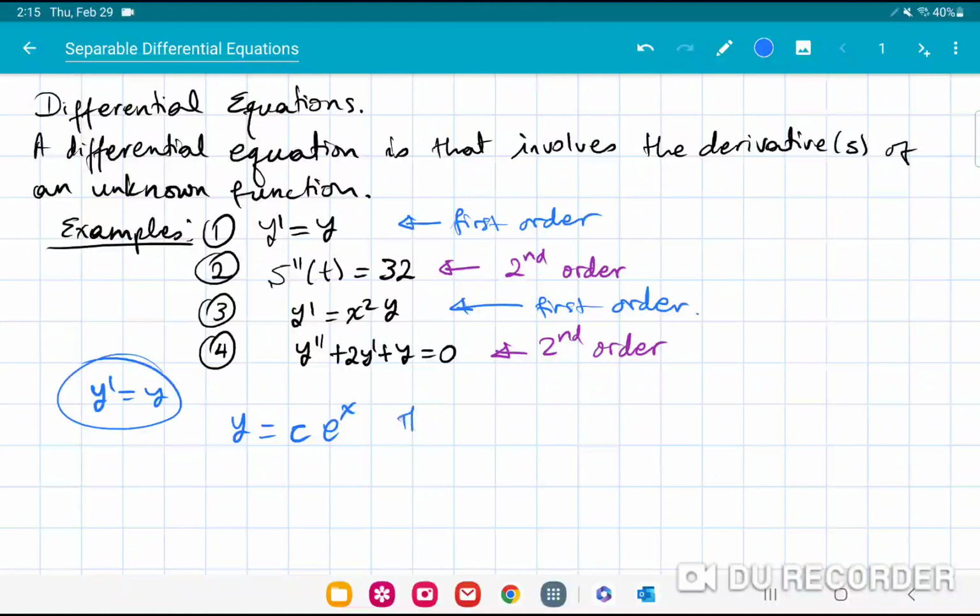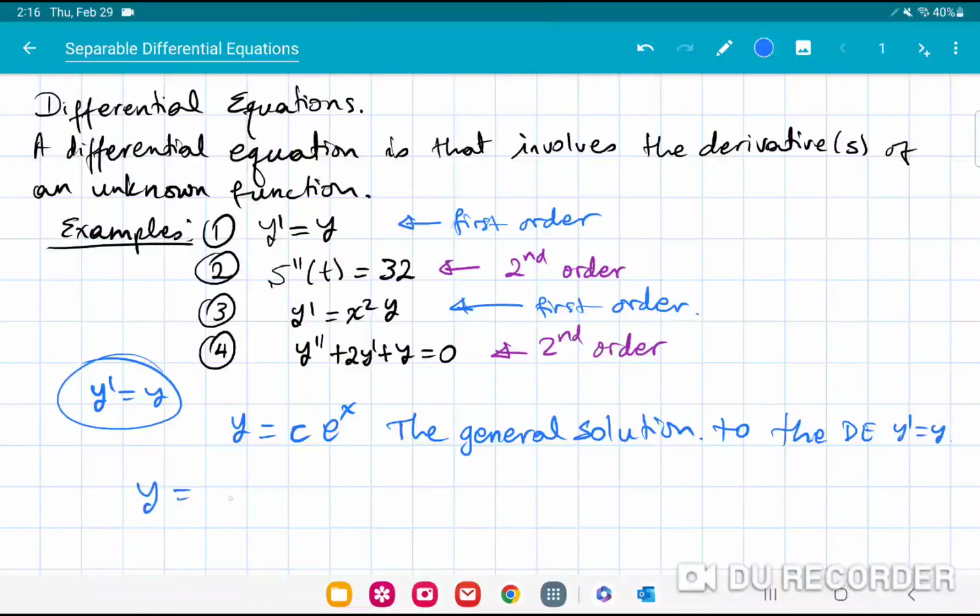This is called the general solution to this differential equation. A specific solution would be y equals 5 times e to the power of x.